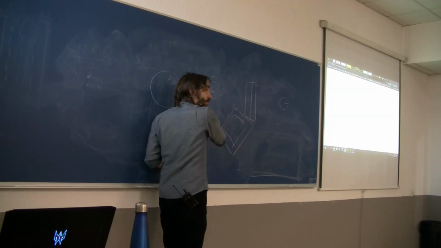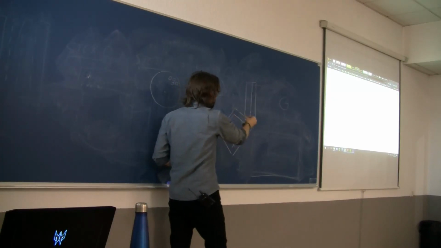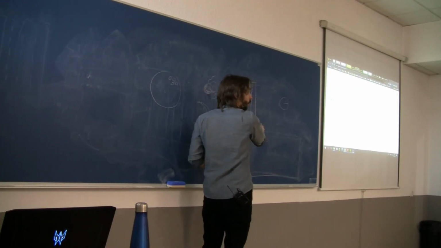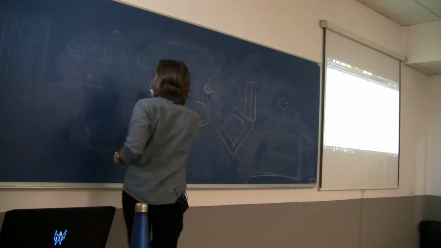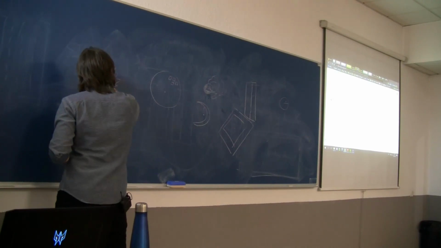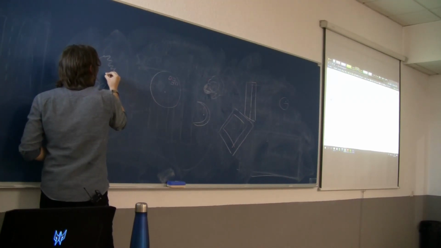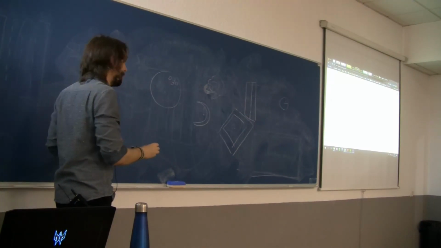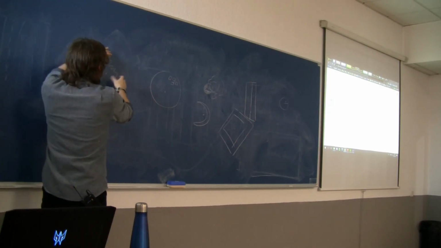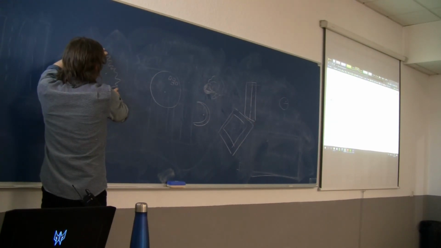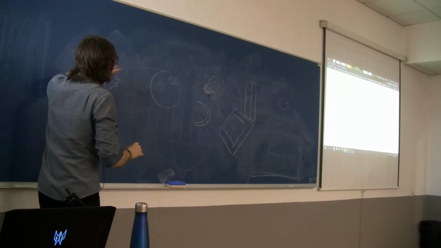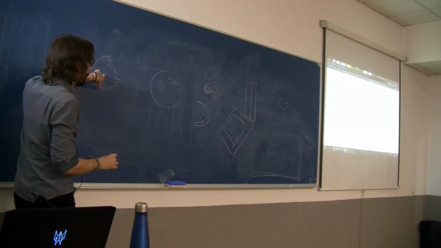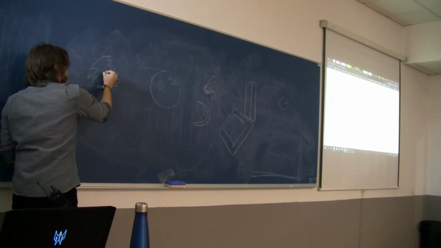And why is this useful? Because sometimes working with a polygon could be a bit heavy. Maybe it's a very difficult polygon, and it could be enough to work with one point. Maybe this is the shape of a hill, but I just want to point out that there is a hill there. So I don't need to work with the polygon. I can compute the center of mass and say hill.